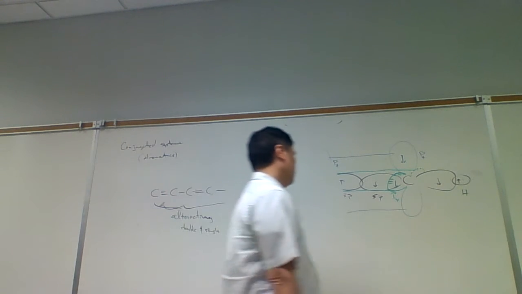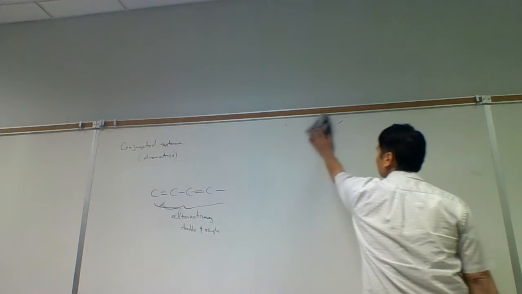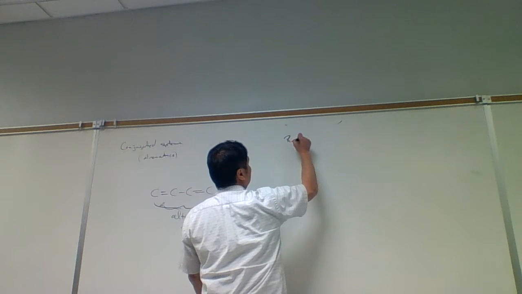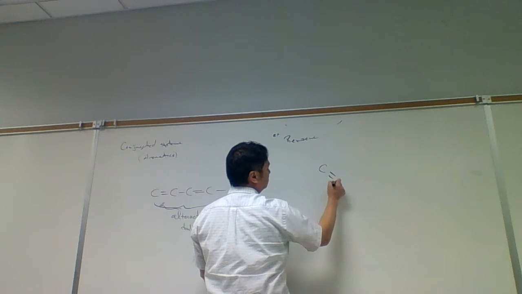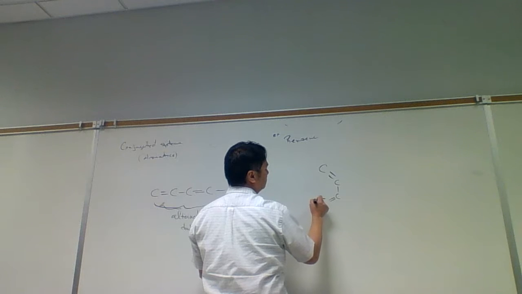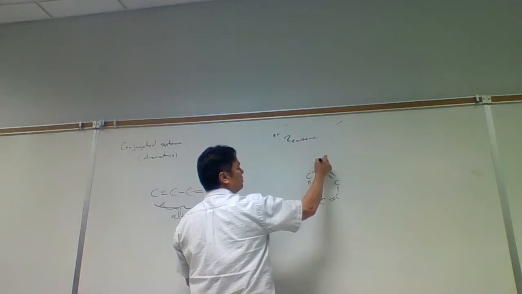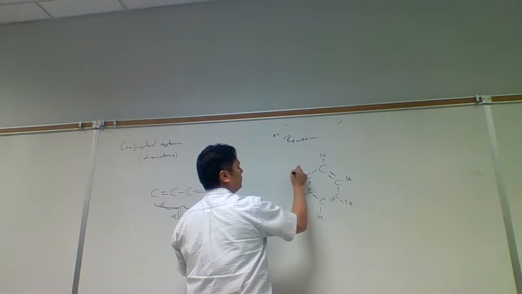Let's take a look at the classic conjugated systems, like maybe ozone. Well, yeah, we'll do benzene. Benzene is a hexagonal ring like this with alternating double and single bonds. Like this.